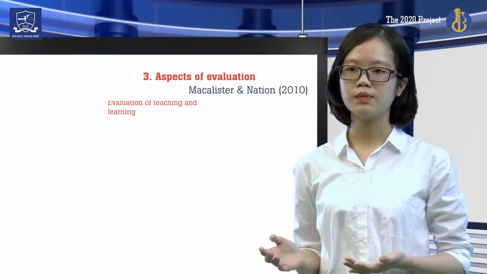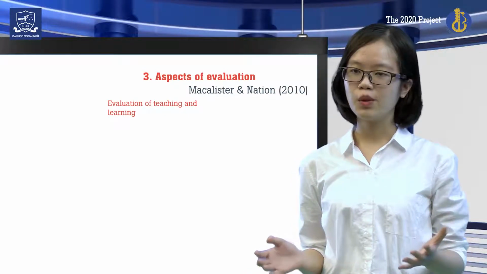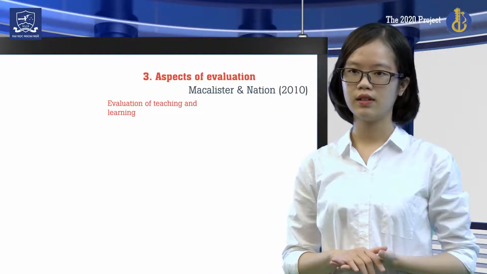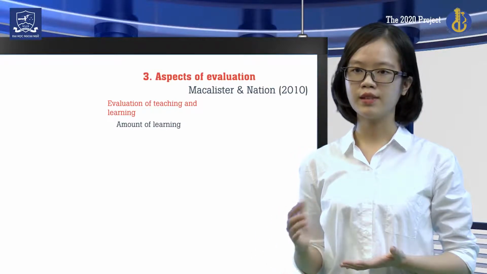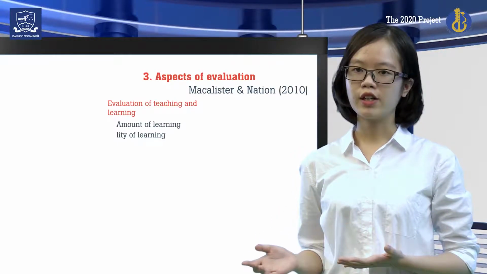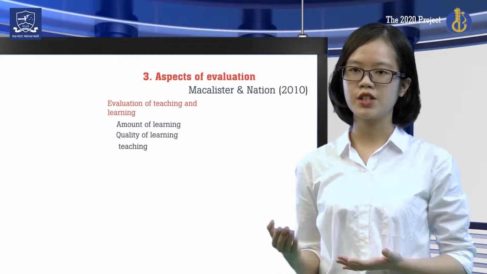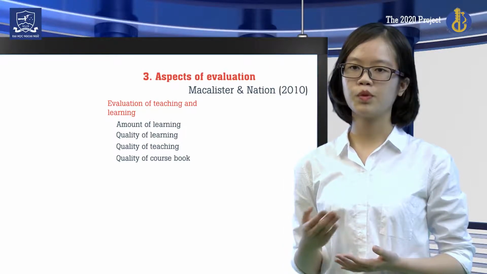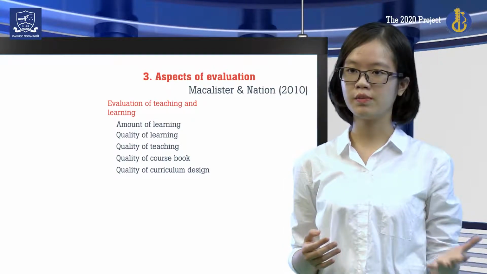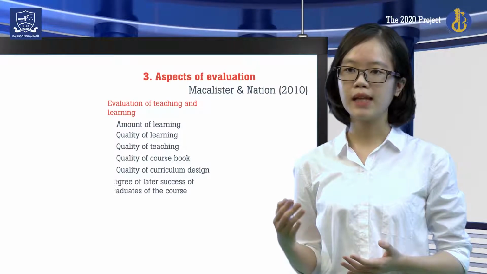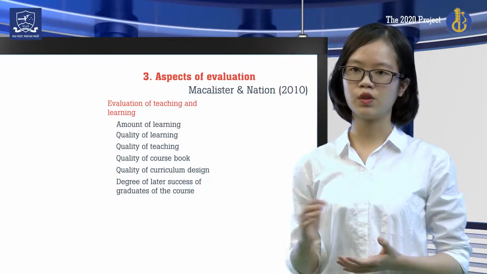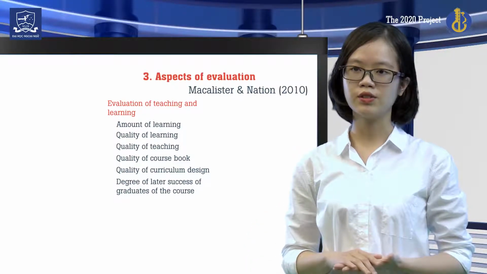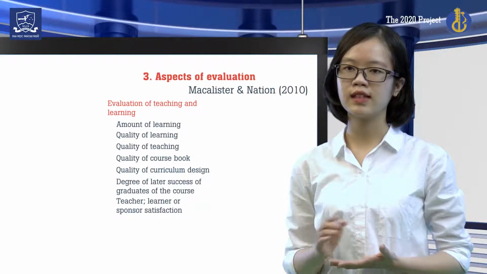About evaluation of teaching and learning, the following aspects are included: the amount of learning, quality of learning, quality of teaching, quality of coursebook, quality of curriculum design, degree of later success of graduates of the course, teachers, learner, or sponsor satisfaction.